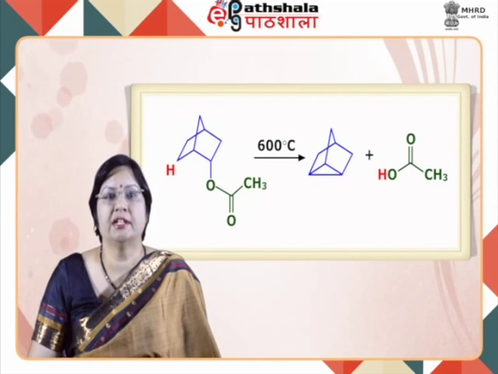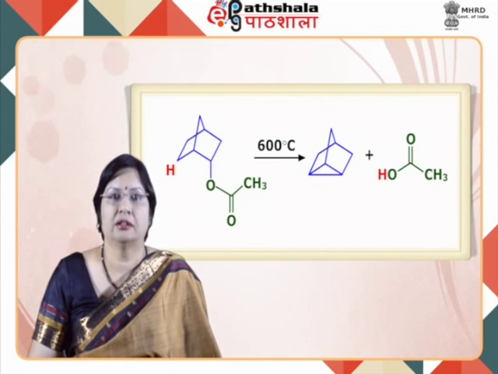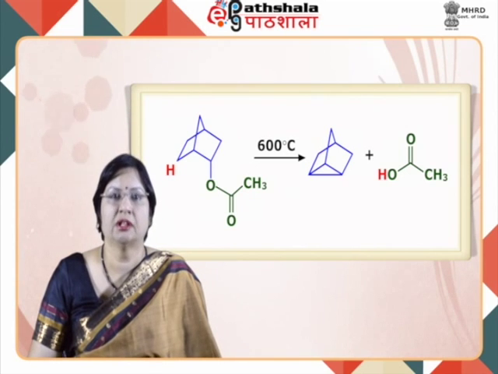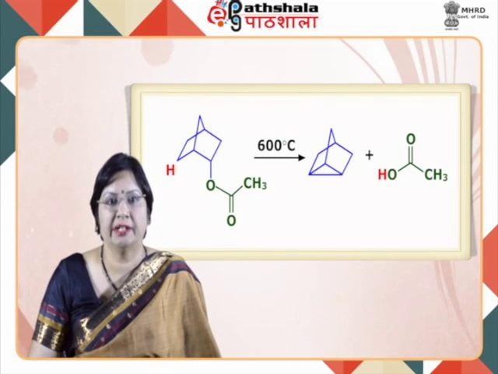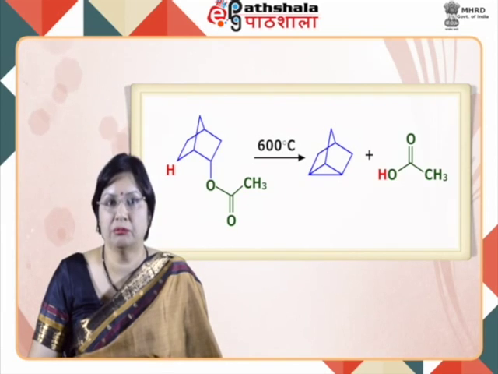So all these eliminations which you have normally studied till now are beta eliminations, where the two groups which are lost are from the adjacent carbon atoms, and in contrast, in alpha elimination, the two groups which are being lost are from the same carbon.